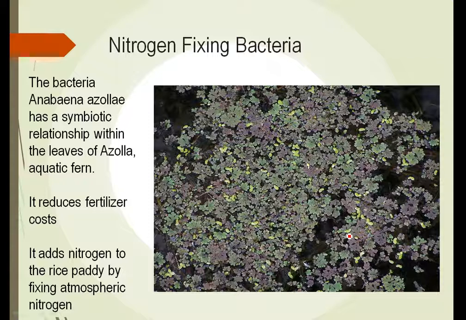There's a plant called azolla, a type of water fern, that grows in rice paddies. At one point it was thought to be kind of a weed and a pest, but it turns out that, like the legumes, this water fern, azolla, has a symbiotic relationship with a bacteria, and that bacteria has the ability to fix nitrogen from the air.